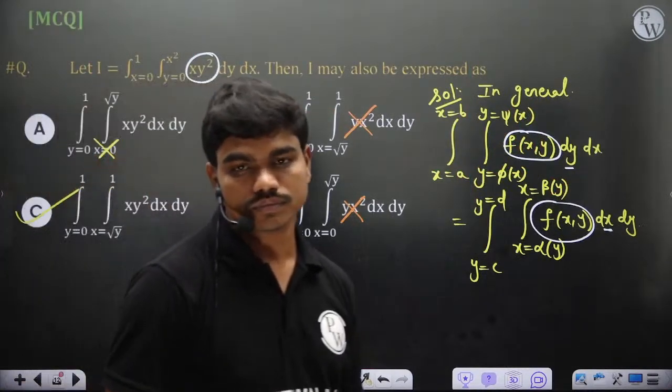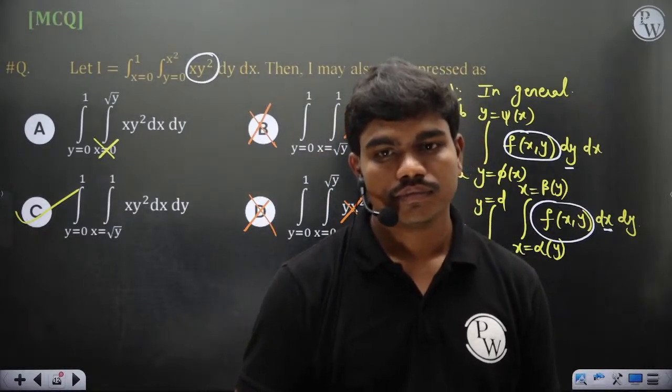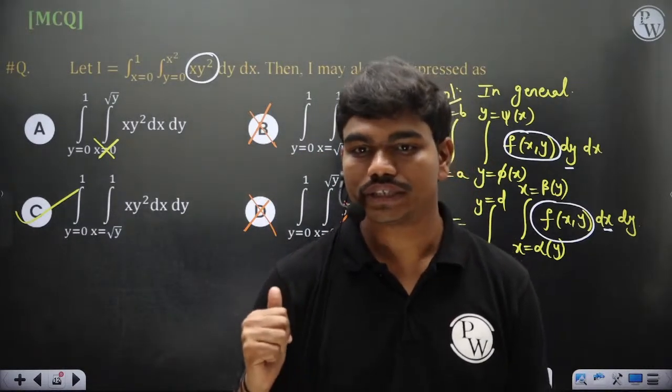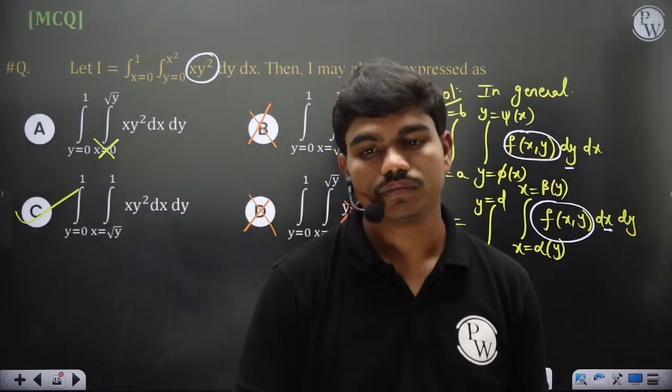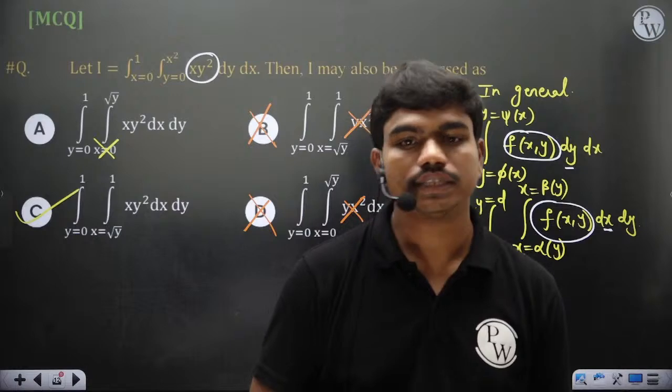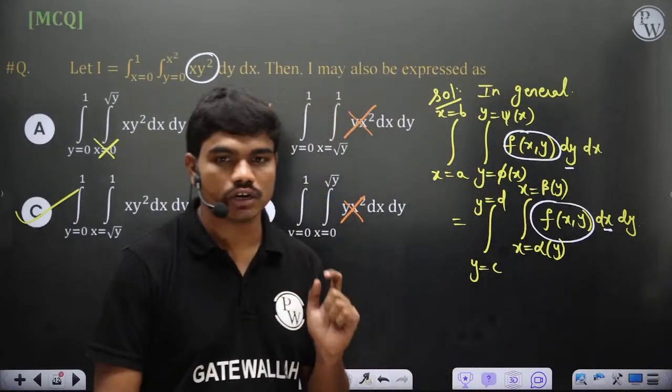Got it? Is this clear to each and every one of you? The correct answer is C in this case. Writing limits is the most important part, which I have already told you yesterday.